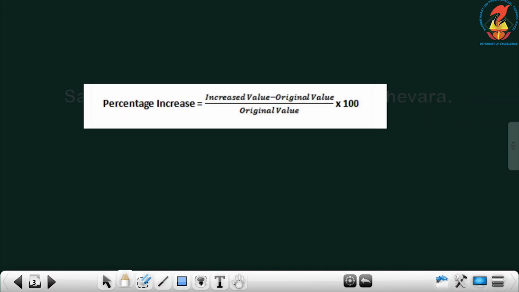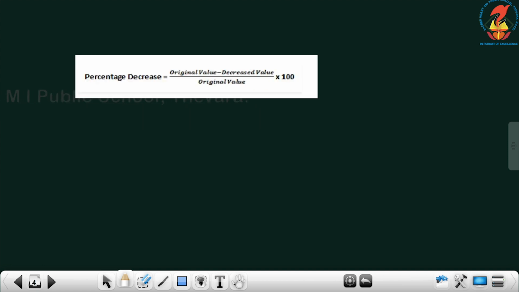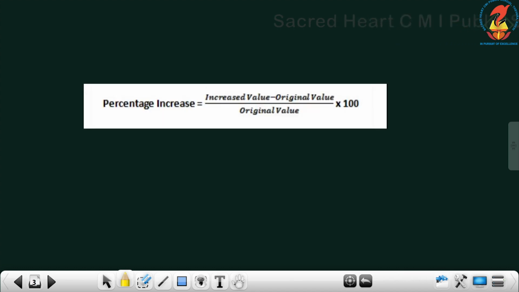In percentage decrease, amount of change is original value minus decreased value.